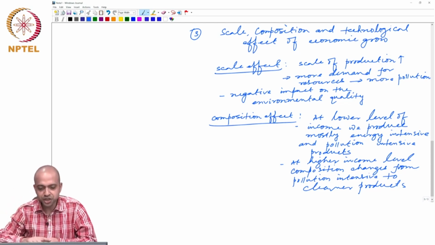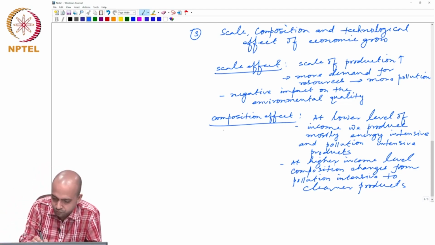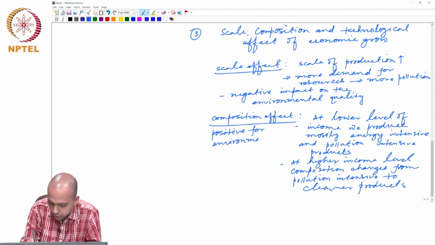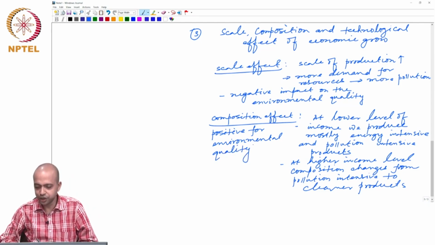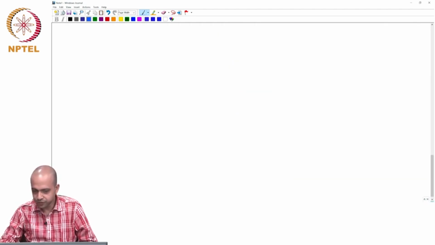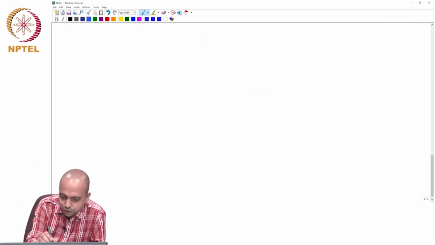So, this composition effect is positive for environmental quality. So, this is scale effect, this is composition effect, and then what is technological effect?